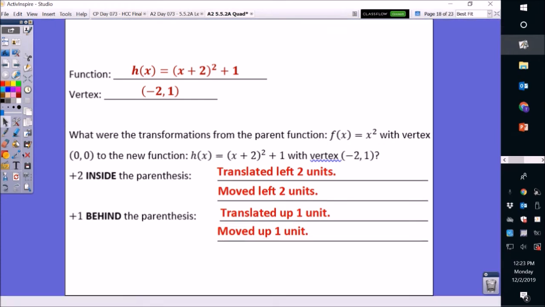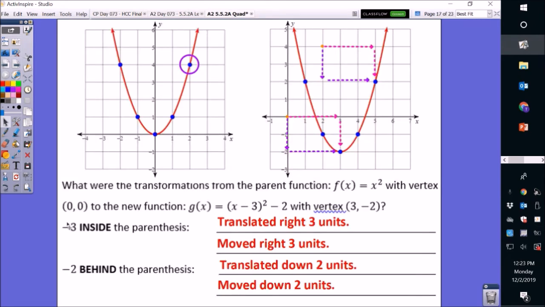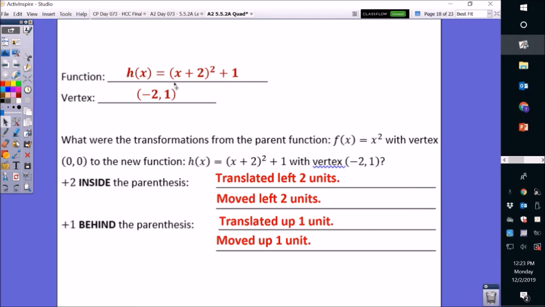Again, if you compare these two transformations with their respective numbers and positions to the previous example, you can see that with opposite signs, they move in the opposite direction. To review, any number that's inside the parenthesis with the x is either left or right. In this example, since it's plus 2, it translated left 2 units.